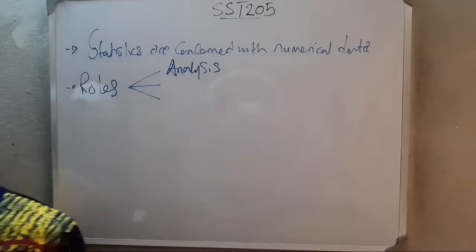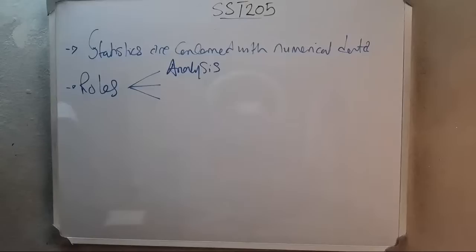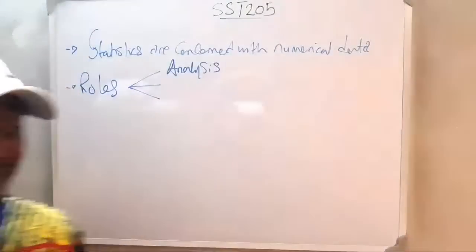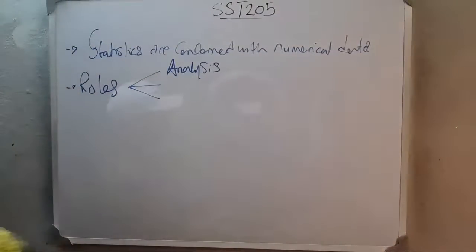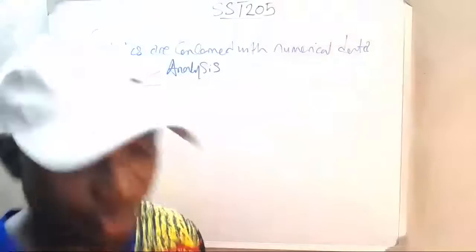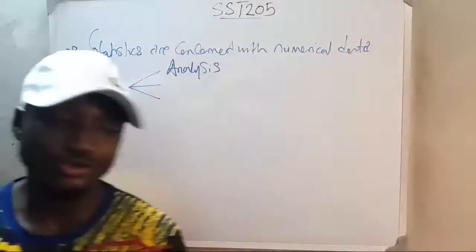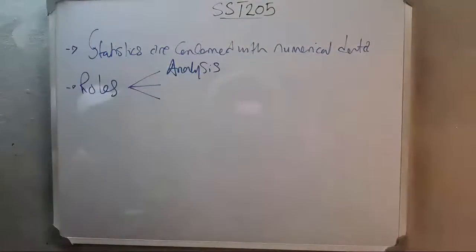Government also uses statistics as a tool for collecting data. A lot of persons use statistics. We call it data management, and data management science is one very good skill that is relevant in this time and dispensation. It uses statistics a lot.